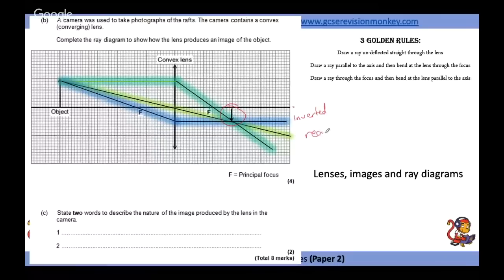It's a real image because I can project it on a screen, and it is diminished because it's smaller. So if it wasn't inverted, we would say it's upright. If it wasn't real, we would say virtual. And if it wasn't diminished, we would say magnified, meaning the opposite.